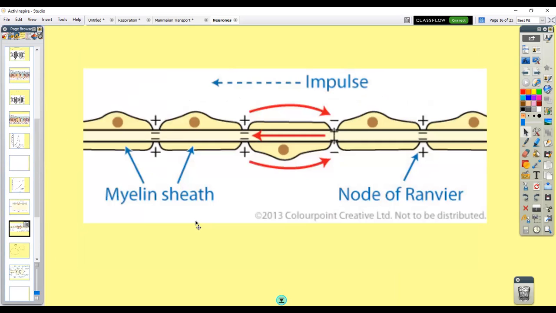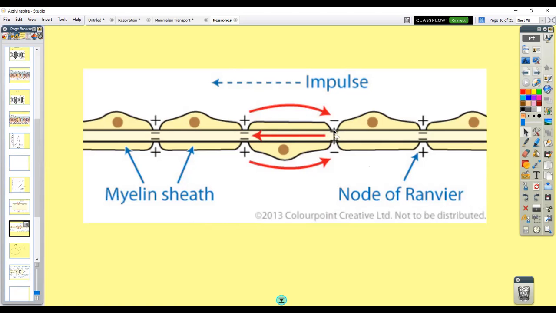Now, also in terms of the propagation of the impulse, the myelin sheath helps with that as well. Okay, so the myelin sheath blocks these channels, if you like. It's an insulating layer which forms around the axon, provided by the cells. If you think about these channels that you have in here, they're out of action.